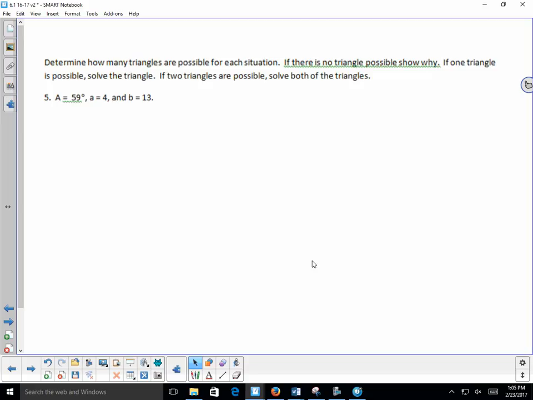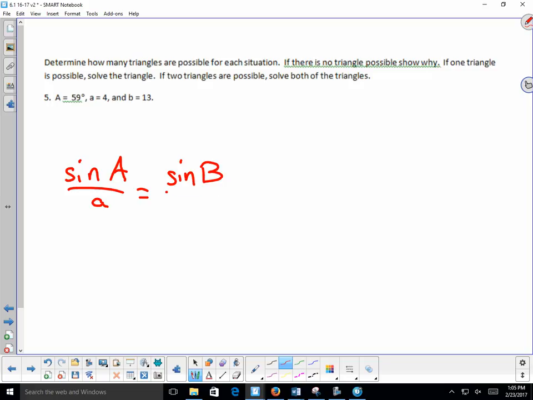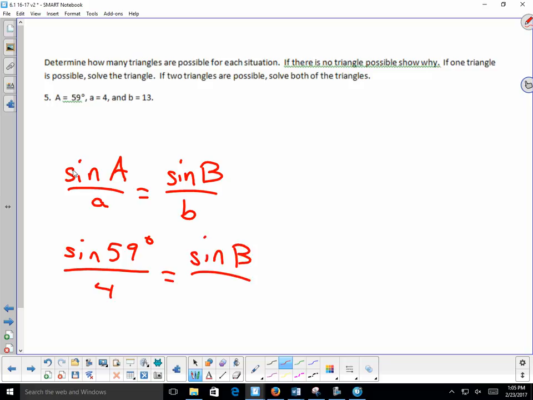In this case, we're told that angle A is 59 degrees, side A is 4, side B is 13. So let's set up using the law of sines. I get sine A over A equals sine B over B. So I have sine of 59 degrees over 4, and I don't know what angle B is, so I write sine of angle B over 13. Everybody agree? When I'm trying to solve for sine B, I'm going to cross multiply.